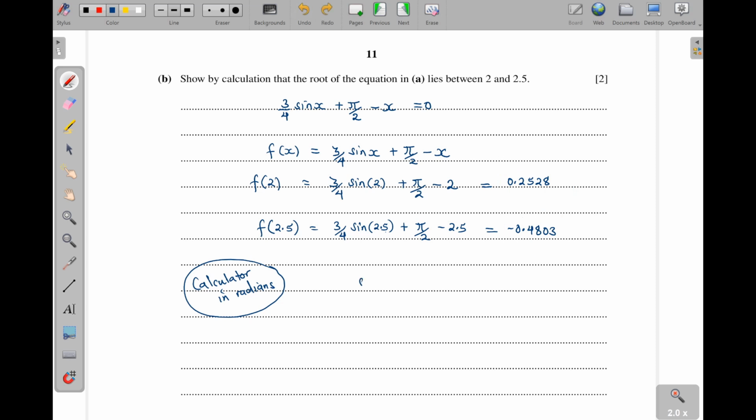Then we conclude that since there is a change of sign for f of 2 and f of 2.5, therefore the root lies between 2 and 2.5.